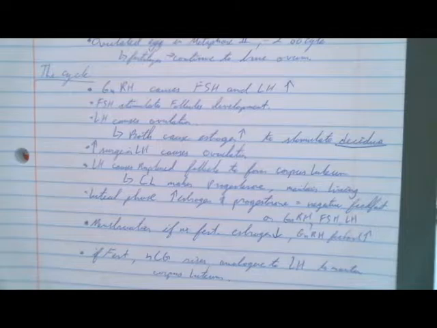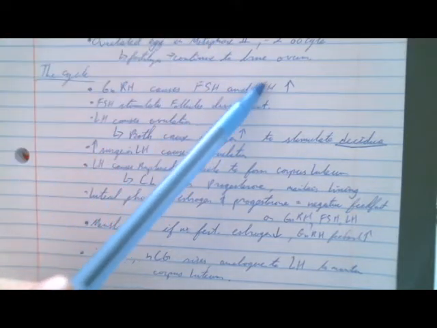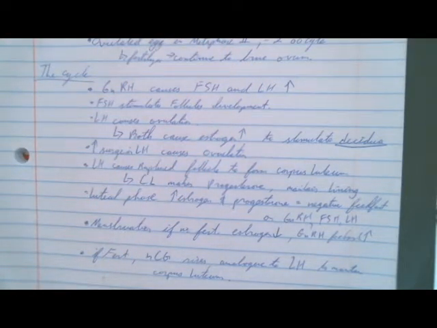Finally, this chapter goes over the menstrual cycle. It starts off with gonadotropin releasing hormone, GnRH, released, and that promotes follicle development by releasing follicle stimulating hormone and luteinizing hormone from the anterior pituitary gland.